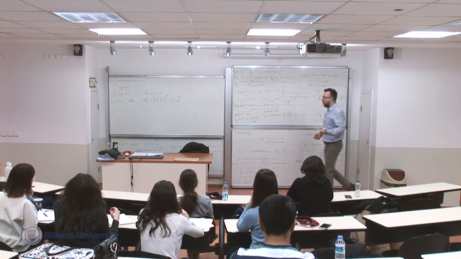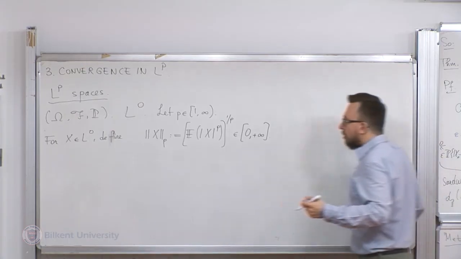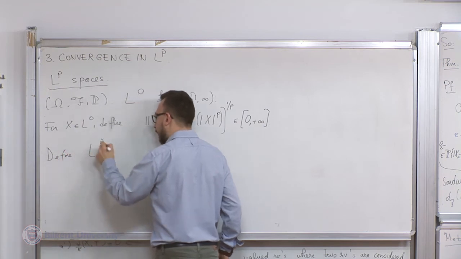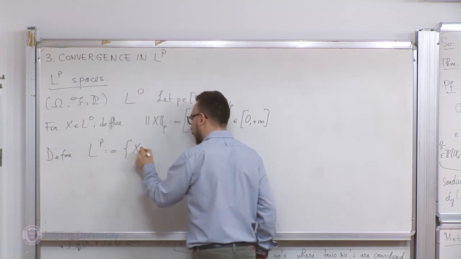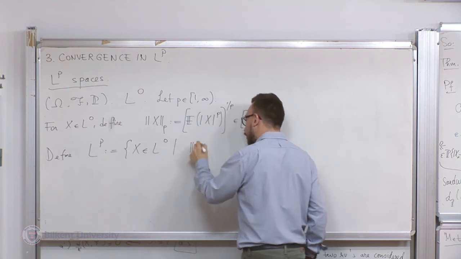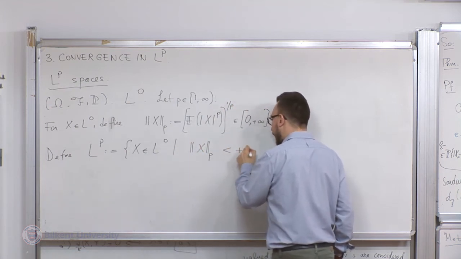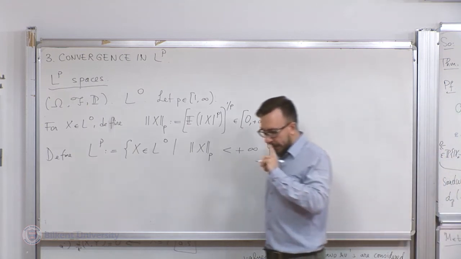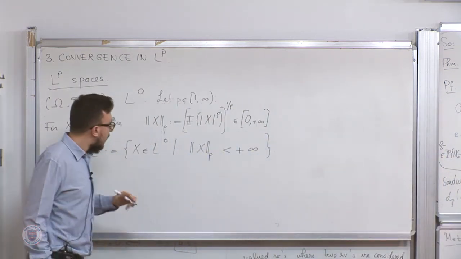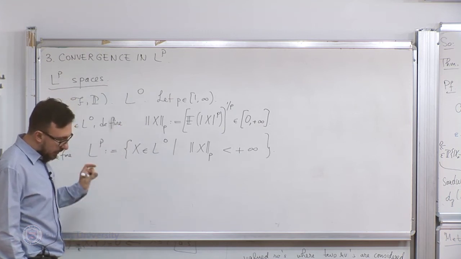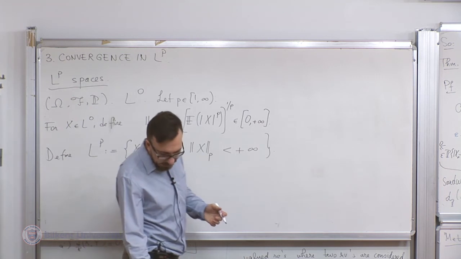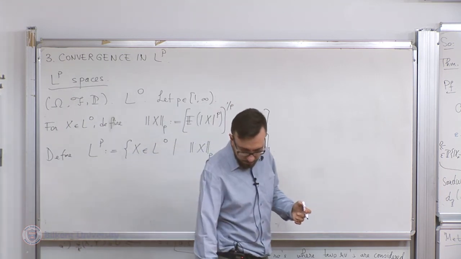So we define the space of random variables whose LP norm is finite. This way, this norm can be something that is finite. And what we would like to say is that it is indeed a norm.